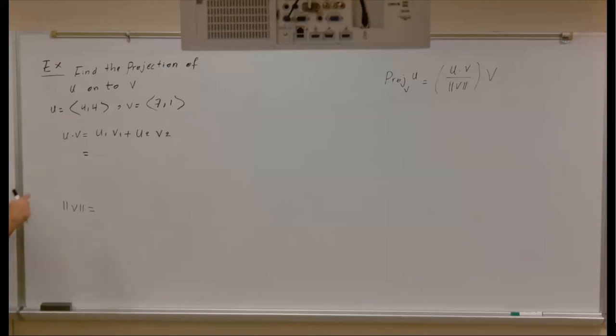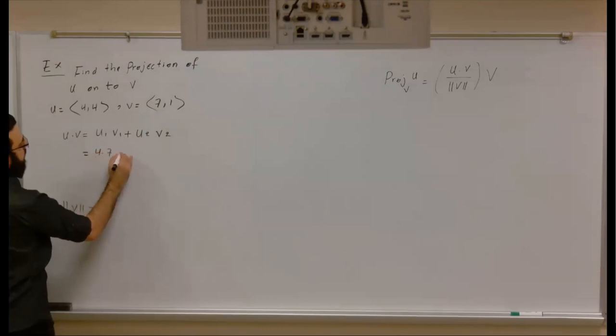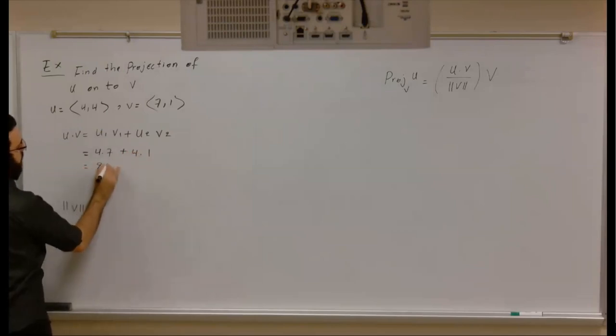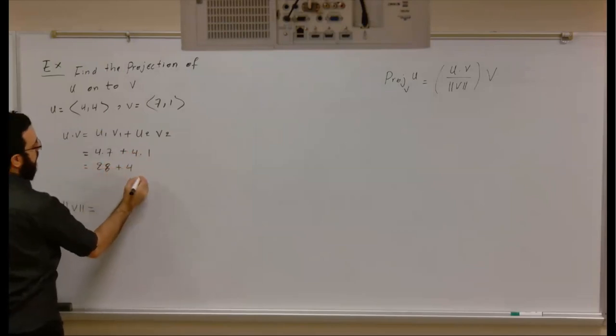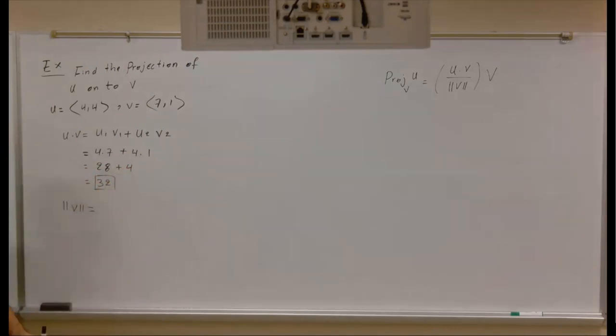U1 times V1, that means 4 times 7, plus U2 times V2, 4 times 1. That's 28 plus 4, which is 32. For the length of V, you can use the square root or the dot product.